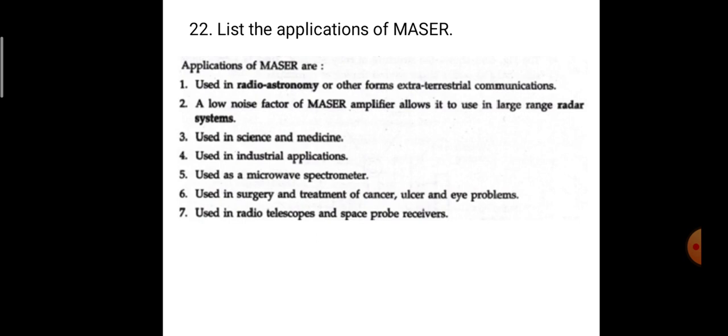Used in science and medicine. Used in industrial applications. Used as a microwave spectrophotometer. Used in surgery and treatment of cancer, ulcer, and eye problems. Used in radio telescopes and space probe receivers.